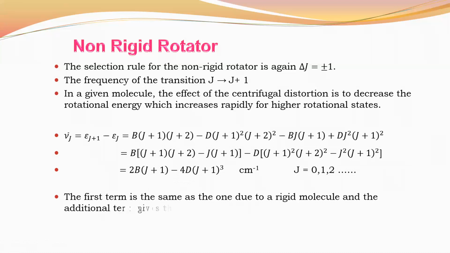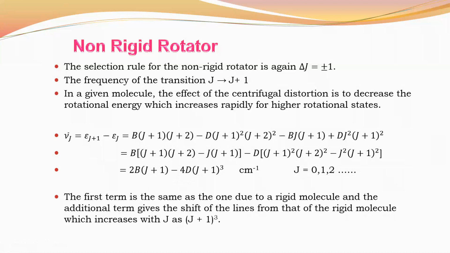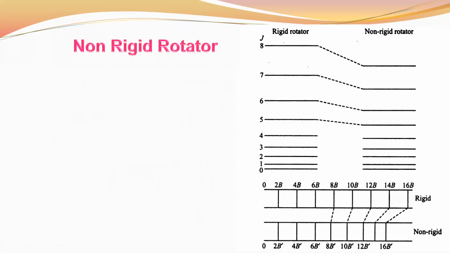So the first term is the same as the one due to the rigid molecule, and the additional term gives the shift of lines from that of the rigid molecule, which increases with J as J plus 1 whole cube. So it is the comparison spectrum of rigid rotor and non-rigid rotor.